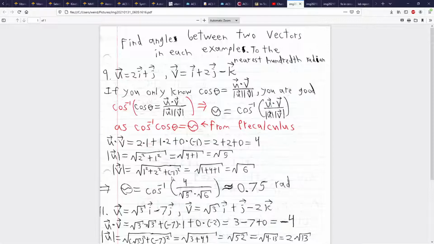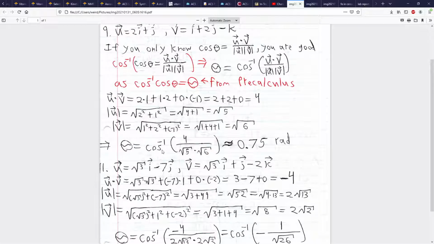For v, 1, 2, and negative 1 squared each of them will give you 1 plus 4 plus 1 equals square root of 6. And in the end, it's inverse cosine of this expression, which you put in a calculator and make sure your mode is set to radian, not degree. Yeah, 0.75 radians is what you get.